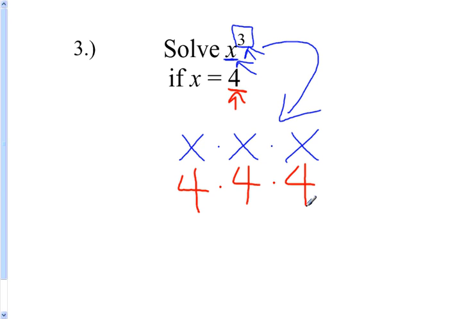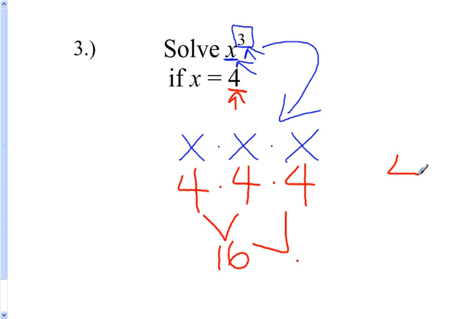So x to the third power means x times x times x. If x is 4, we're going to multiply 4 times 4 times 4. Let's do that right now. So 4 times 4 is 16. And 16 times 4, we're going to multiply these two by themselves.